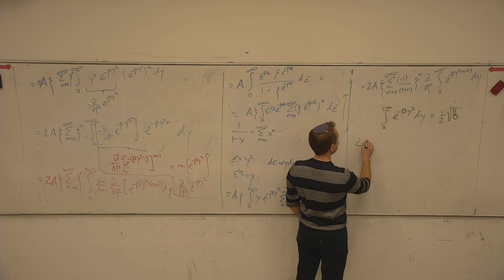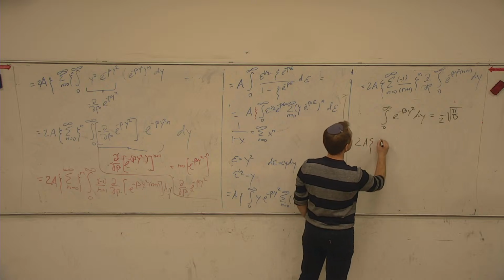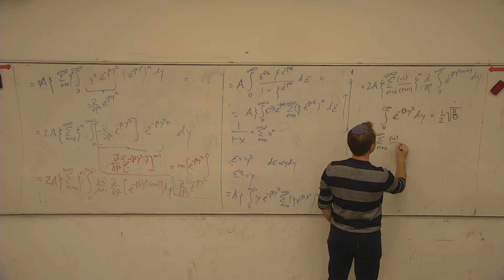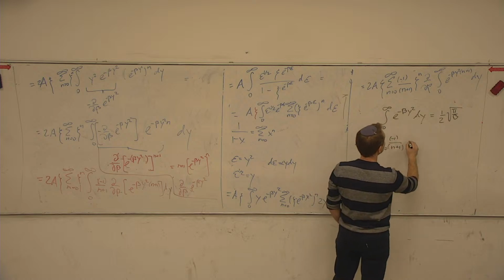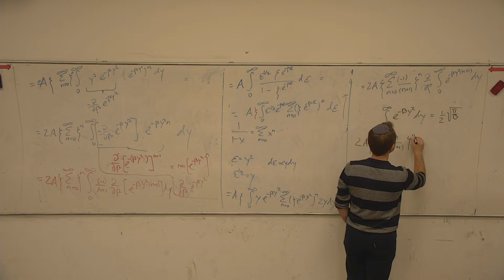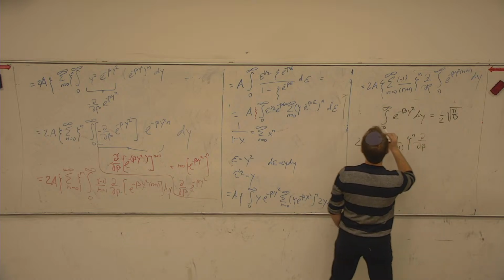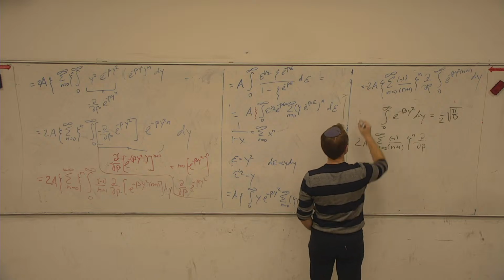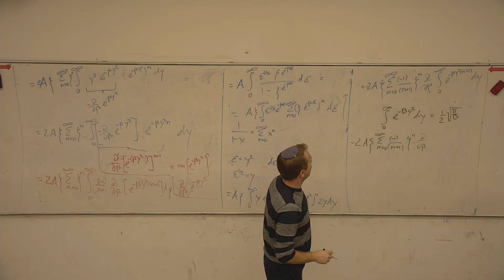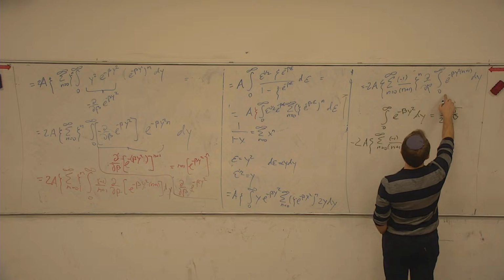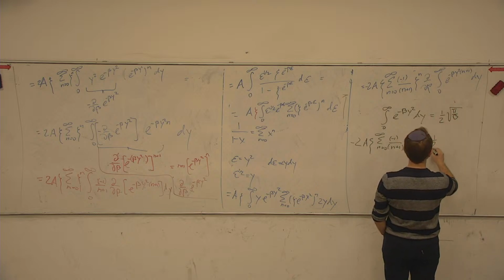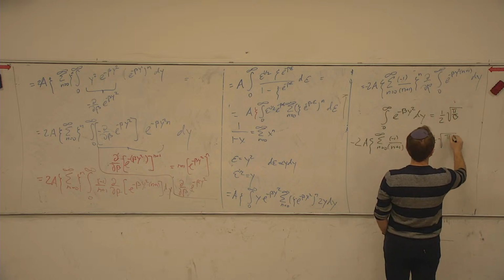So let's see. So we have 2a, fugacity, a sum n goes from 0 to infinity, minus 1 to the power n plus 1, fugacity to the power n, d by d beta. We have a minus over here. And eventually what we have is 1/2 square root of pi.